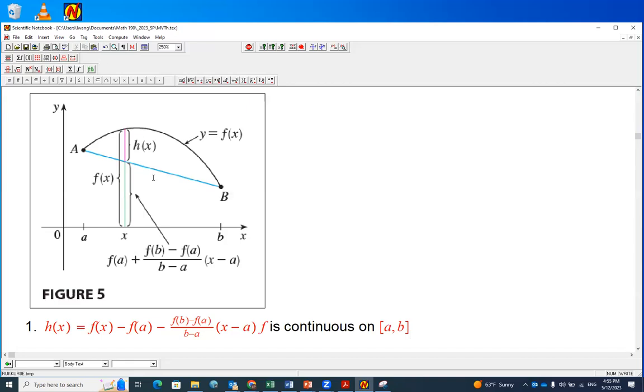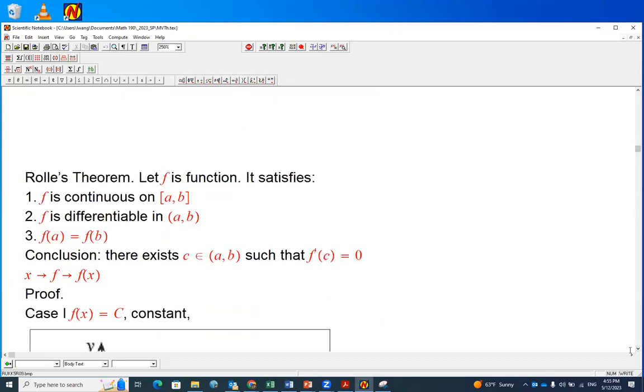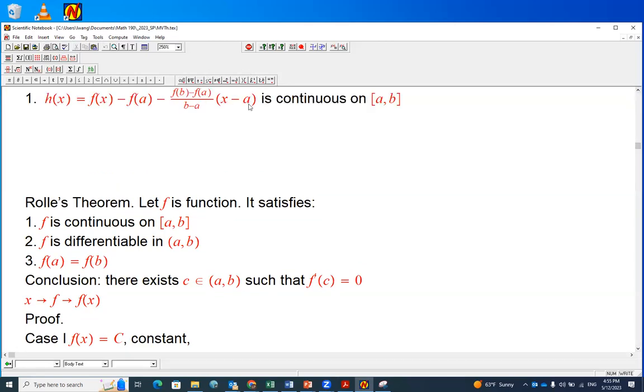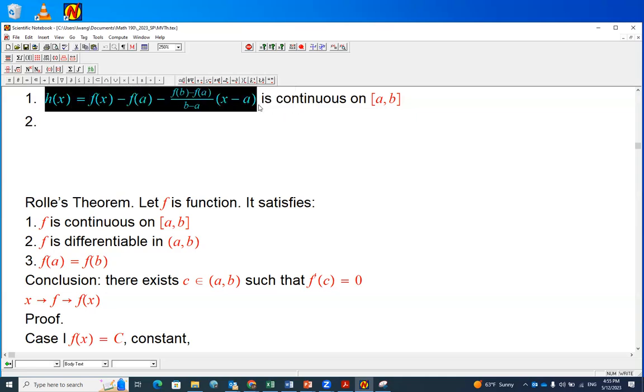Okay, it is continuous. So h of x is continuous on the closed interval, because f is continuous and we have a bunch of constants, and x minus a is continuous, right? So according to the properties that we learned before about continuous functions, h of x is also differentiable.